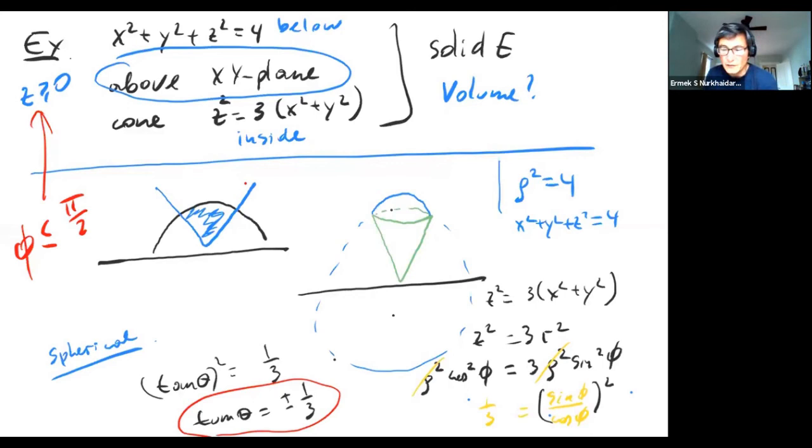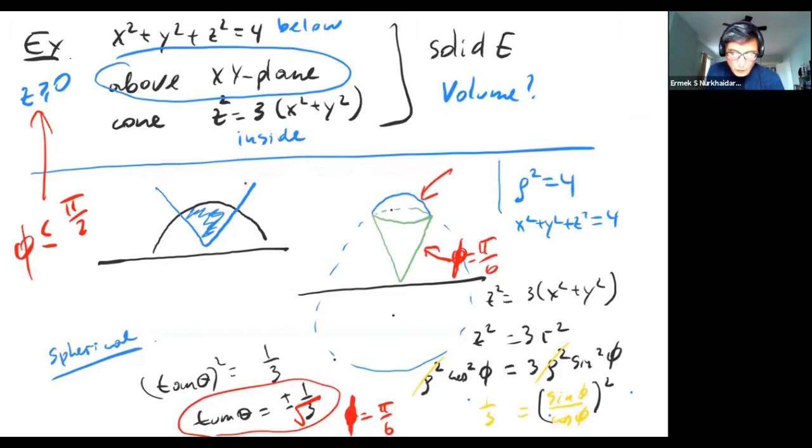So tangent equals 1 over square root of 3, and that is pi over 6. So the equation of the cone is phi equals pi over 6.